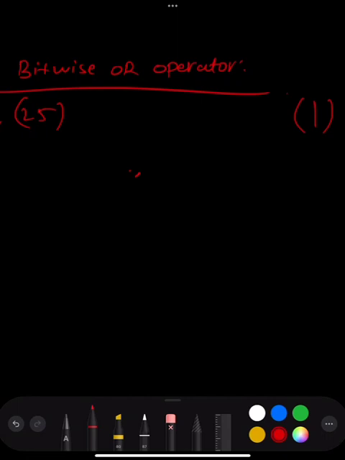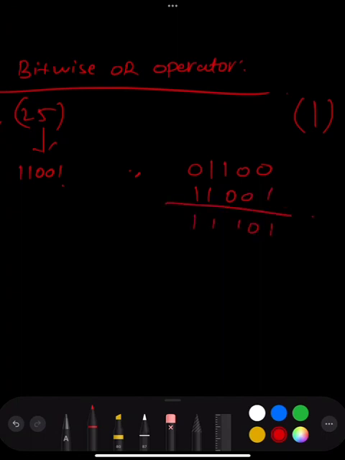We actually know the binary number of this one also. We will be doing the binary operation 0 1 1 0 0 and 1 1 0 0 1. We will be getting 1 1 1 0 1. If we convert this, we will get 29 in decimal form.